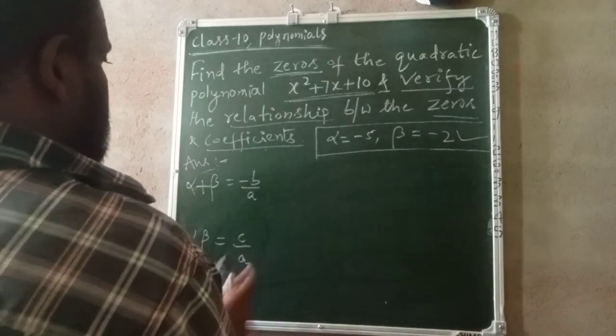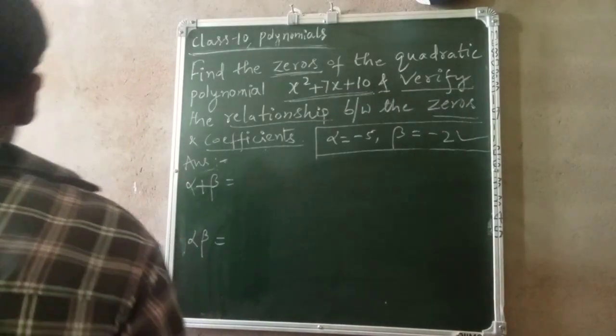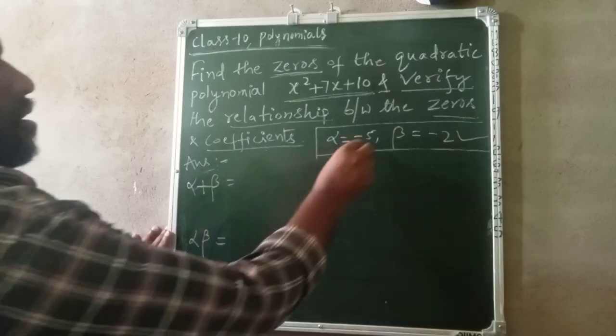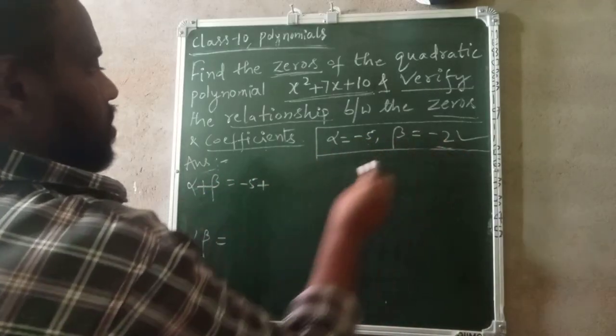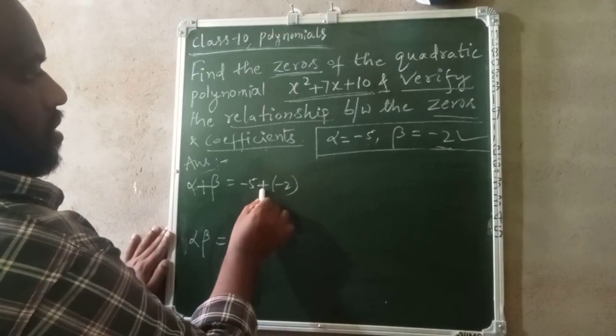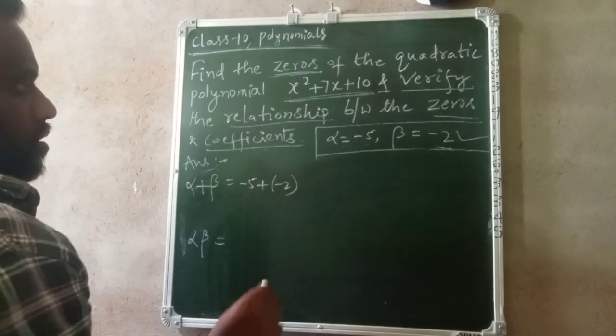These are the formulas, but I will tell later formulas. First we will find alpha plus beta. Alpha is what? Minus 5, write it here, plus beta is what? Minus 2. So put bracket for minus 2, because plus minus should not come together. So we will use the bracket.